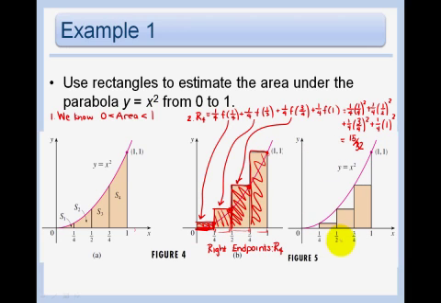If I use the same logic here, using my left endpoints, when I make 4 of them. So basically I'm going to pick up the left point and then I'm going to go over. So my first rectangle, it looks like it's not there because I didn't go up at all. Here's my second one.